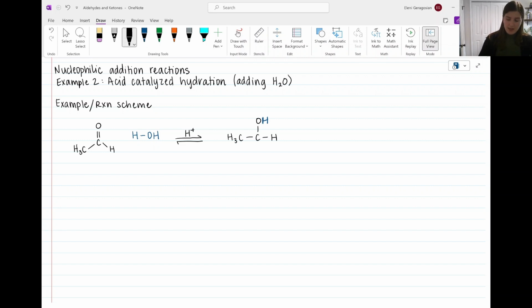And then that carbonyl carbon is also bonded to another OH group. So we have two OH groups bonded to that carbonyl carbon. For one of them, the oxygen was the oxygen that originated in the aldehyde or ketone there. This is called acetaldehyde hydrate.